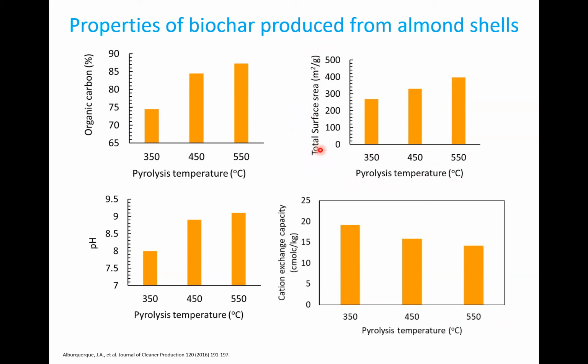This I would say is specific surface area, so this S should be A, so this surface area in square meters per gram will be increasing with the increase of temperature. Again, the pH is also increasing with the increase of temperature, and the cation exchange capacity would be decreased with the increase of temperature.